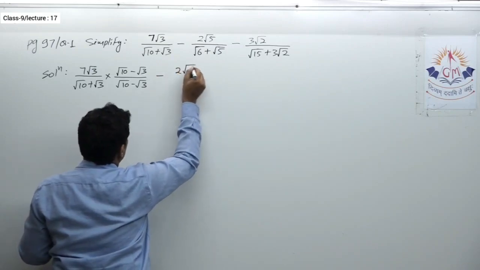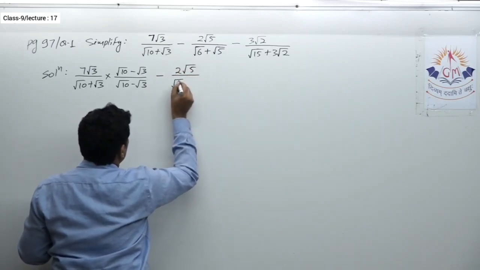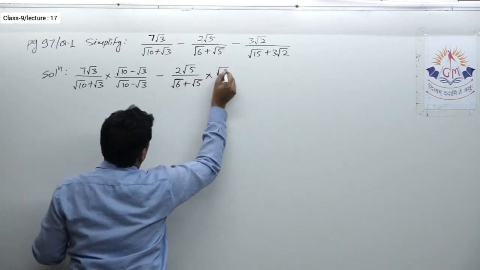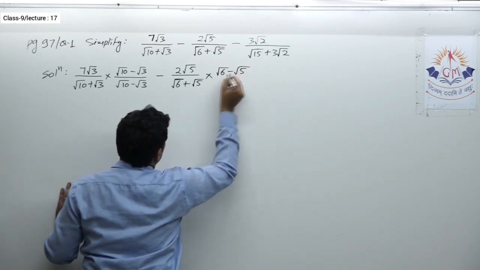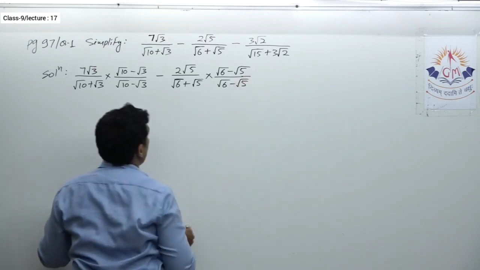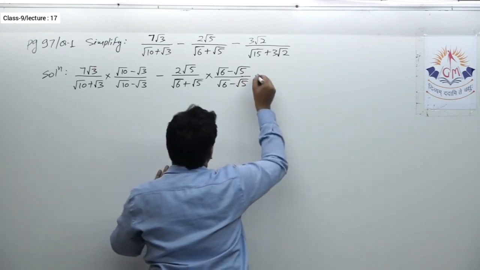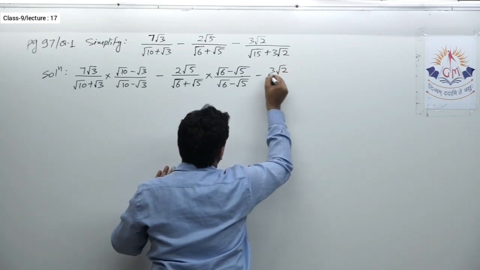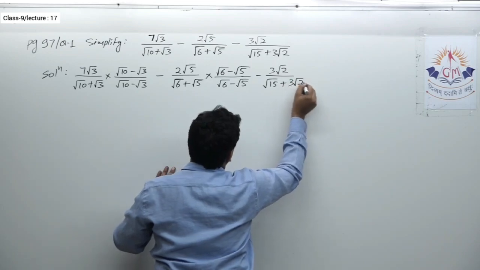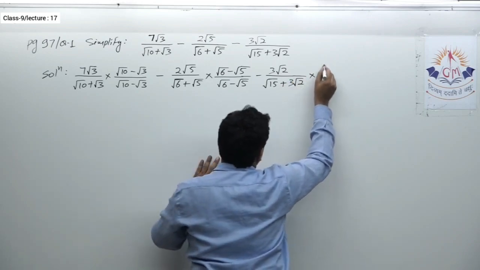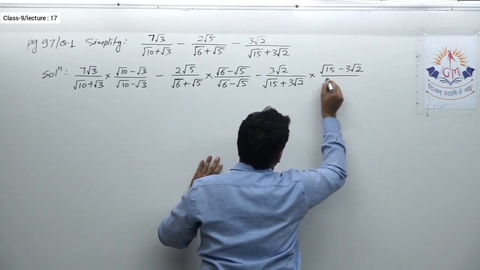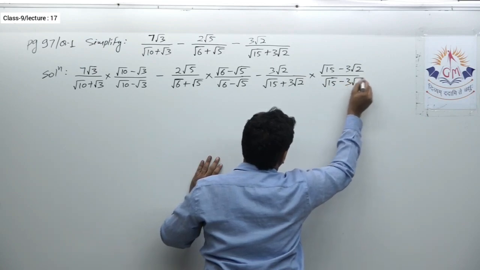Minus 2 root 5 upon root 6 plus root 5 multiplied by root 6 minus root 5 upon root 6 minus root 5. Minus 3 root 2 upon root 15 plus 3 root 2 multiplied by root 15 minus 3 root 2 upon root 15 minus 3 root 2.